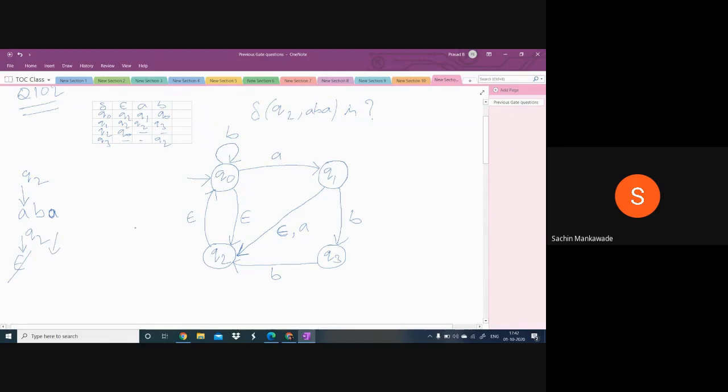On epsilon it goes to Q0. Now the input string is A. So Q0 on A is already defined. It goes to Q1. Now B, Q1 is already defined on B. It goes to Q3. And now the input symbol is A.